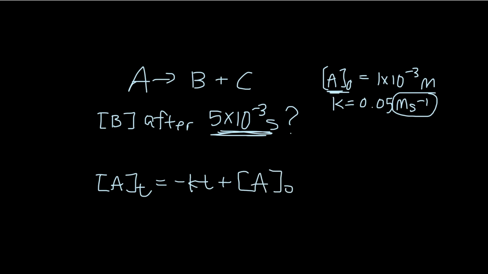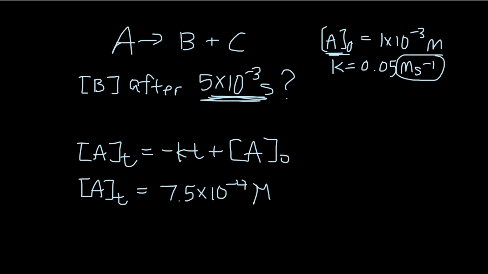And then if we just substitute the values in, we'll find that the concentration of A at this time is around 7.5 times 10 to the negative 4. This concentration is what's remaining.